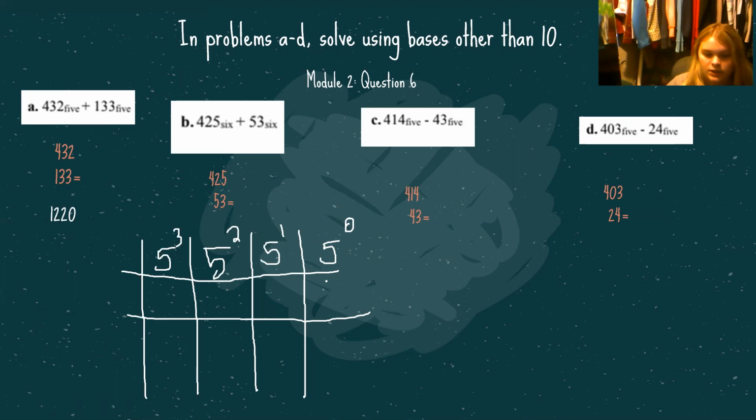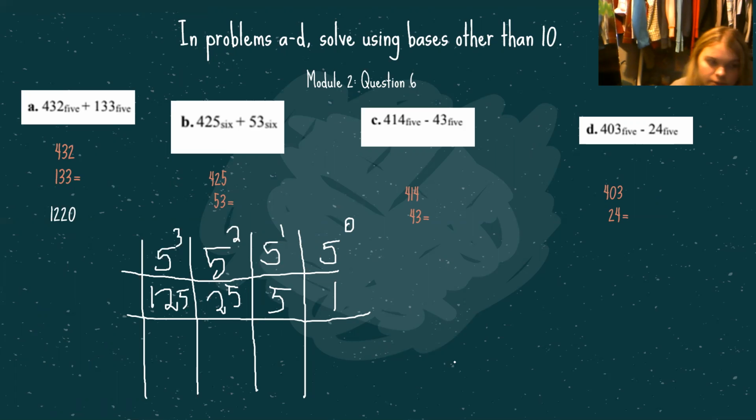So 5 to the 0 is going to be 1. 5 to the first is obviously going to be 5. 5 squared is 25, and 5 cubed is 125.